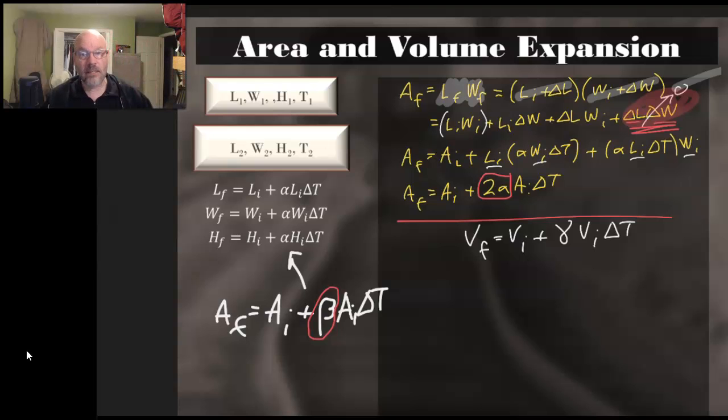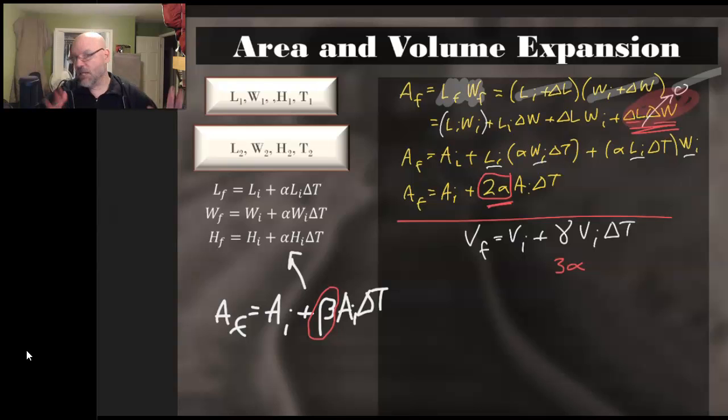Now we're talking about billionths. And so we definitely want to chuck that. Anyway, when we go through all of that, instead of getting 2 alpha, we would end up getting 3 alpha. So basically we get 1 alpha per dimension.